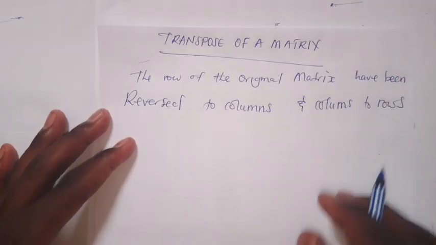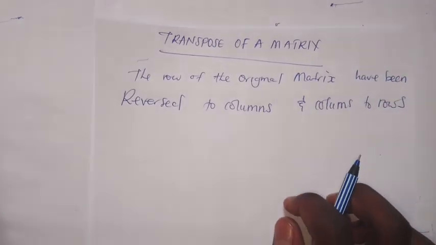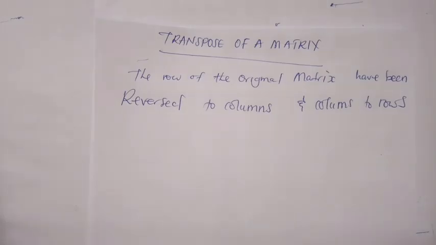Yeah, you just swap. The columns become rows and rows become columns. That's a key point here.